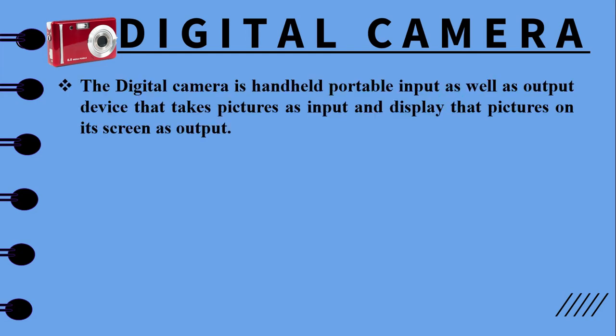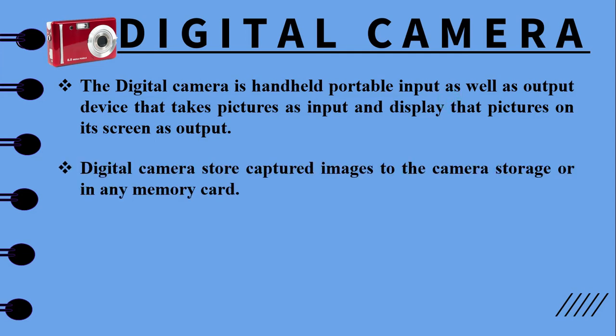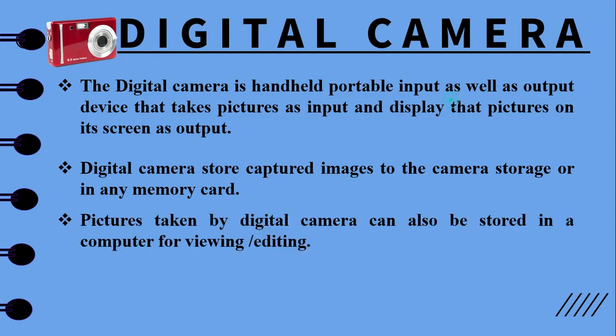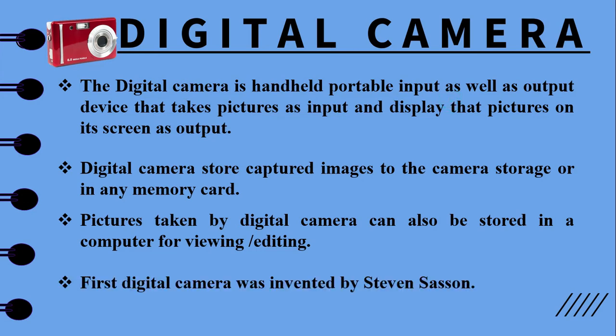Digital camera stores captured images to the camera storage or in any memory card. Pictures taken by digital camera can also be stored in a computer for viewing or for editing. First digital camera was invented by Stevenson.